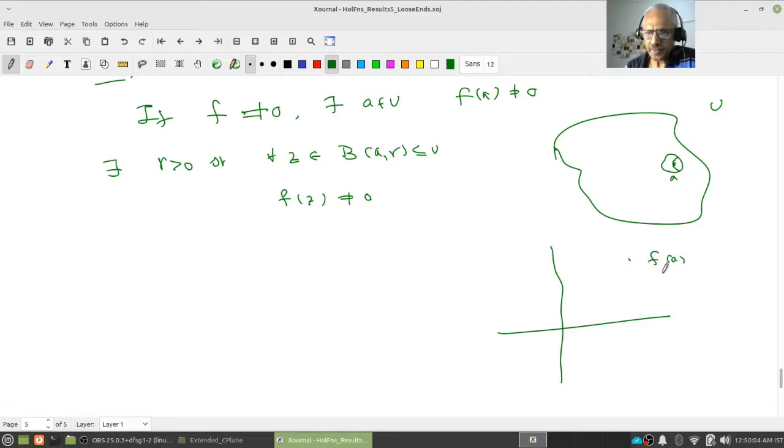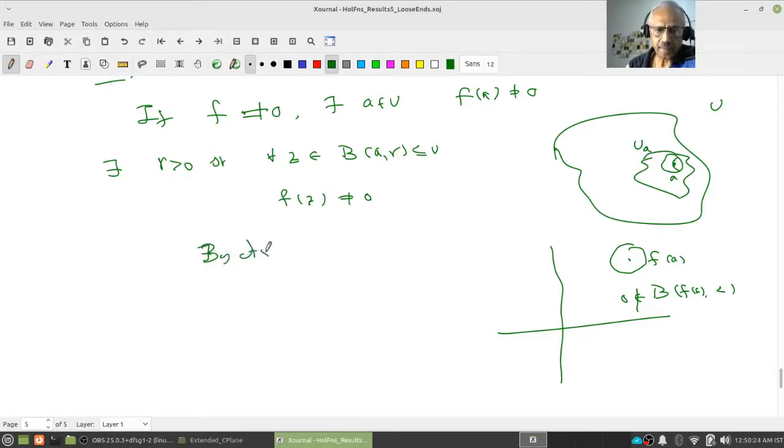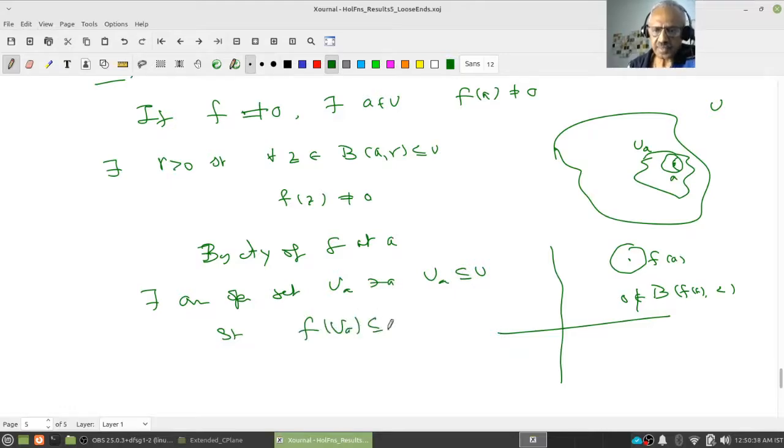This is my f(a), right? Choose an epsilon so that B(f(a), epsilon) avoids 0, it's away from 0. Then by continuity of f at a, there exists an open set U_a contained in U, so that f(U_a) is contained in B(f(a), epsilon), right?